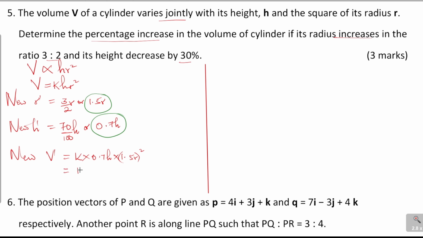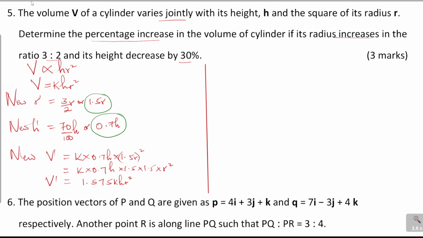So this will give k multiplied by 0.7 multiplied by h multiplied by 1.5 multiplied by 1.5, then multiplied by r squared. When you multiply 0.7 times 1.5 squared, you will get 1.575 k h r squared. So that is the new volume.